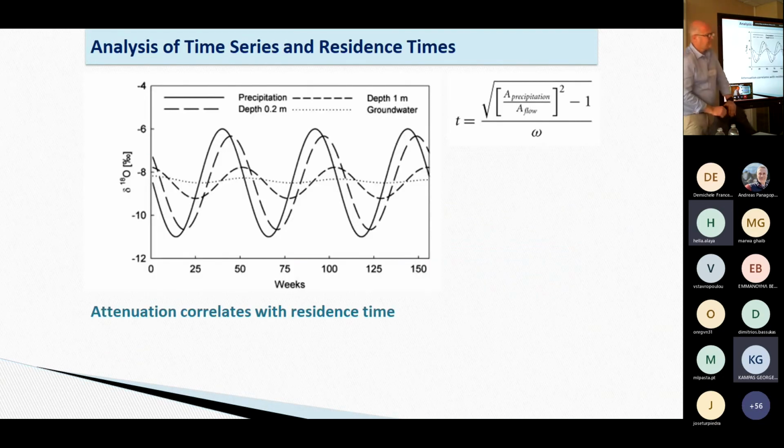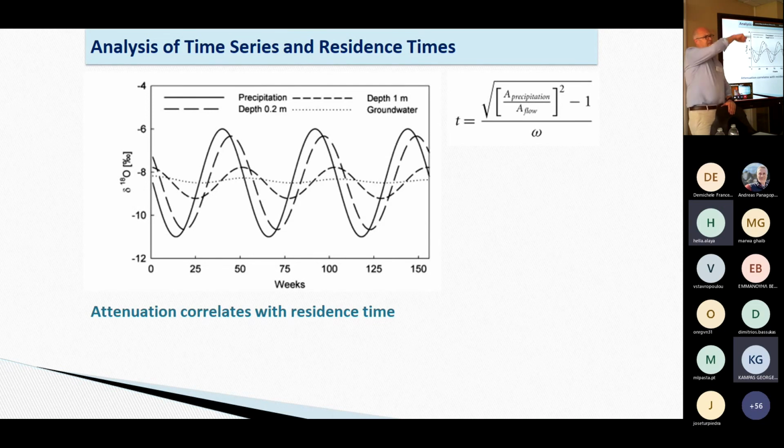Let's start. The first method that you can use to determine whether your hydrogeological system is active, is pulsating, is to use the variation of the stable isotope value itself. I told you that there are three big isotope phenomena that we use: the altitude effect, the continental effect, and the seasonal effect.